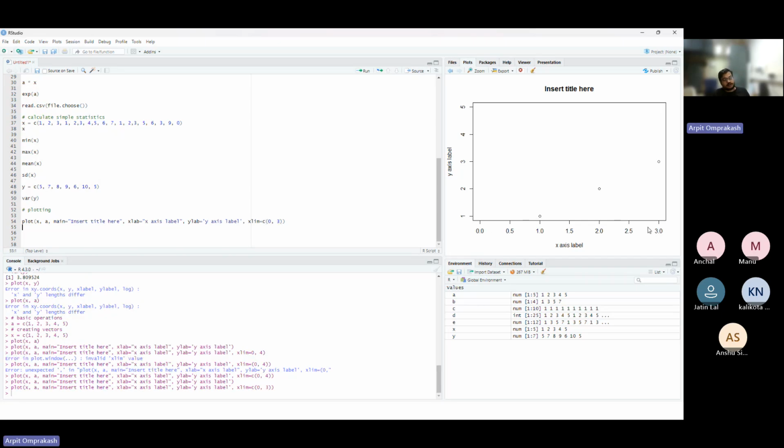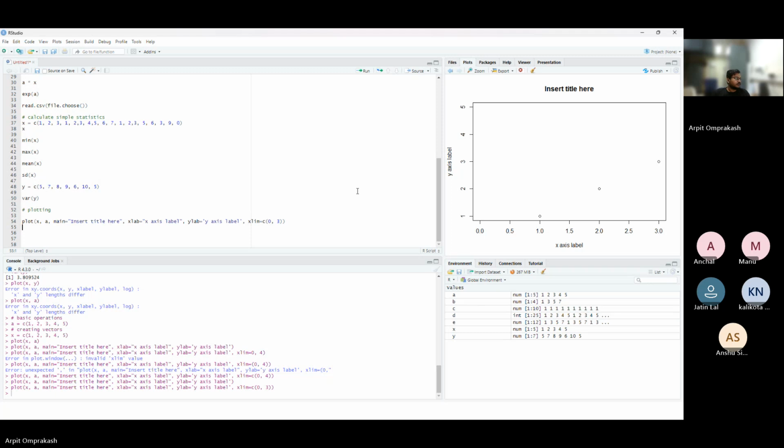Now you see that the limits of the x-axis have changed. It was earlier from 1 to 5, now it's from 0 to 3. You can basically use these limits to change how you plot things and so on and so forth.